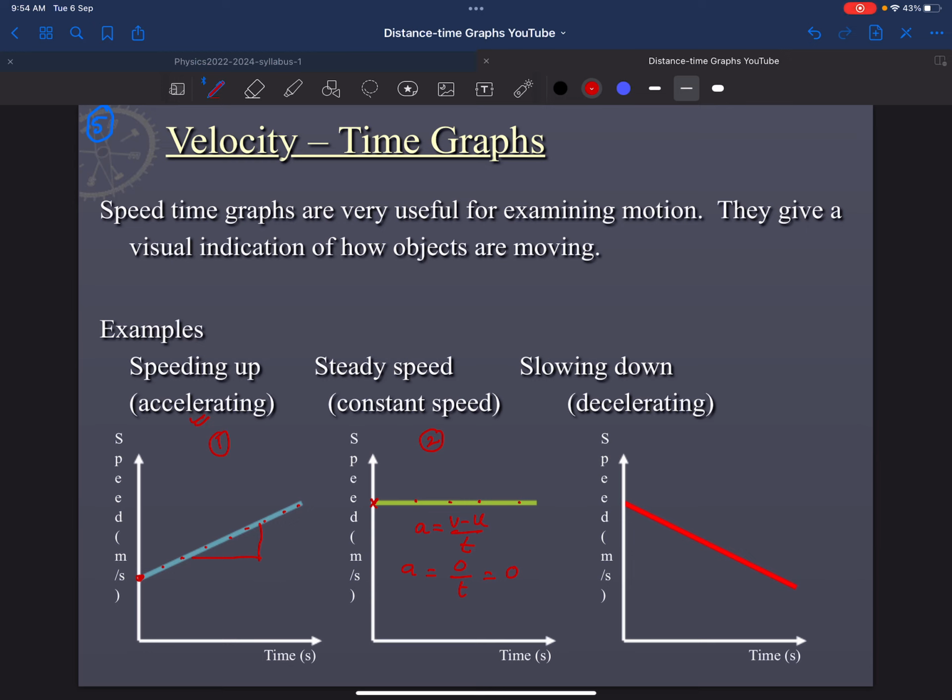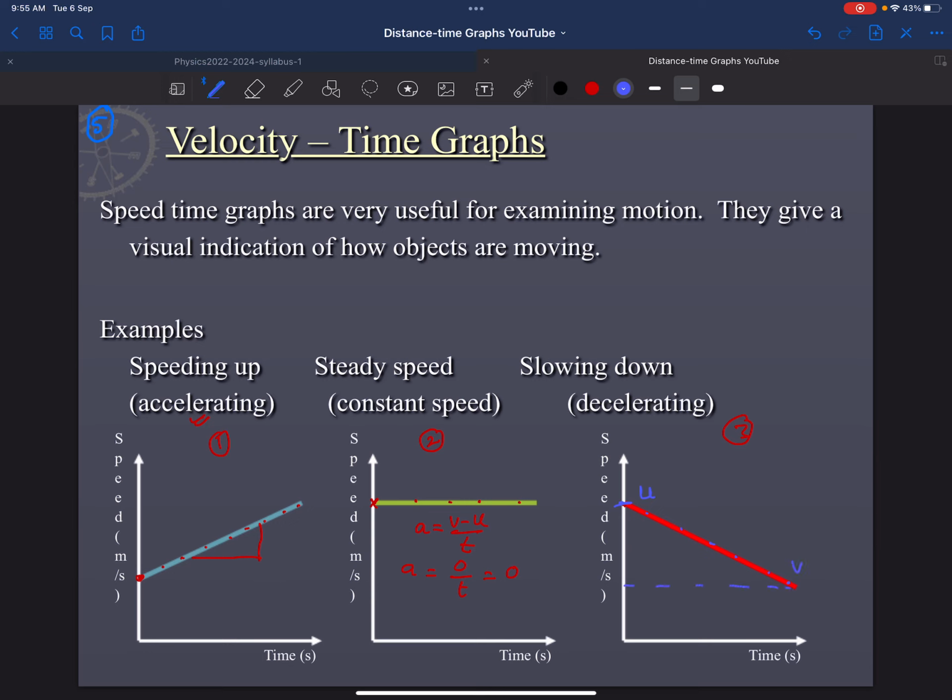On the other hand, if you go to this third graph, you will see that the velocity magnitude, or speed, is decreasing. Speed decreasing means that the value of u is greater, but the value of v is lesser somewhere here.